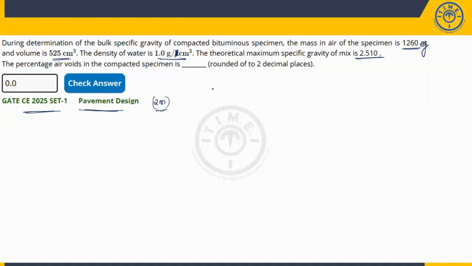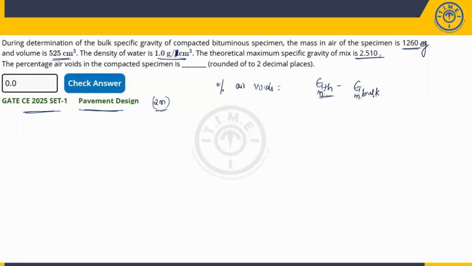First, how do you calculate it? Percentage air voids in the compacted specimen is given by the formula: G theoretical maximum minus G bulk specific gravity, upon G theoretical maximum, into 100. Here, G MTH means maximum theoretical specific gravity: M means maximum, TH means theoretical, G means specific gravity.